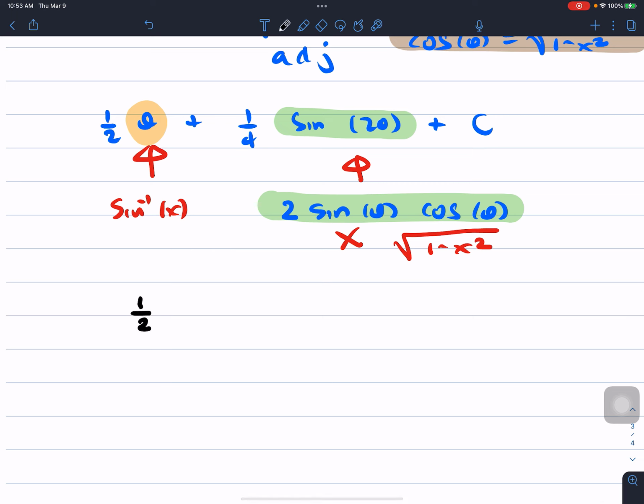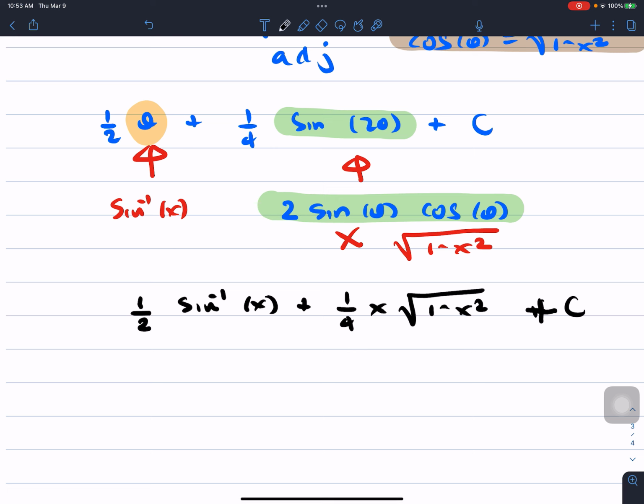Final answer now: 1/2 the inverse sine of x plus 1/4 x square root of 1 minus x squared plus C. And there you go. That's your first integral by trigonometric substitution.